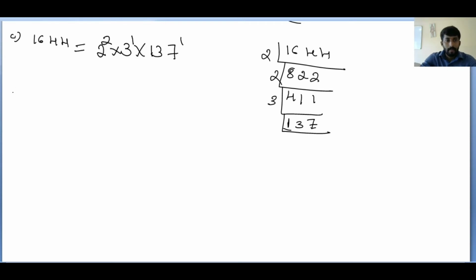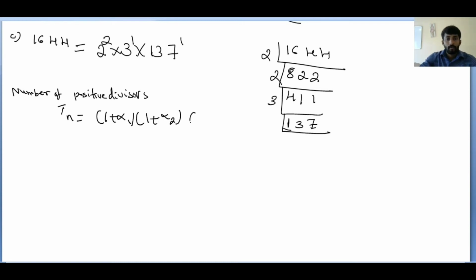Okay, then write number of positive divisors. Tn is equal to 1 plus alpha 1 into 1 plus alpha 2 into 1 plus alpha 3. What's the value of alpha 1? Alpha 1 is equal to here 2.